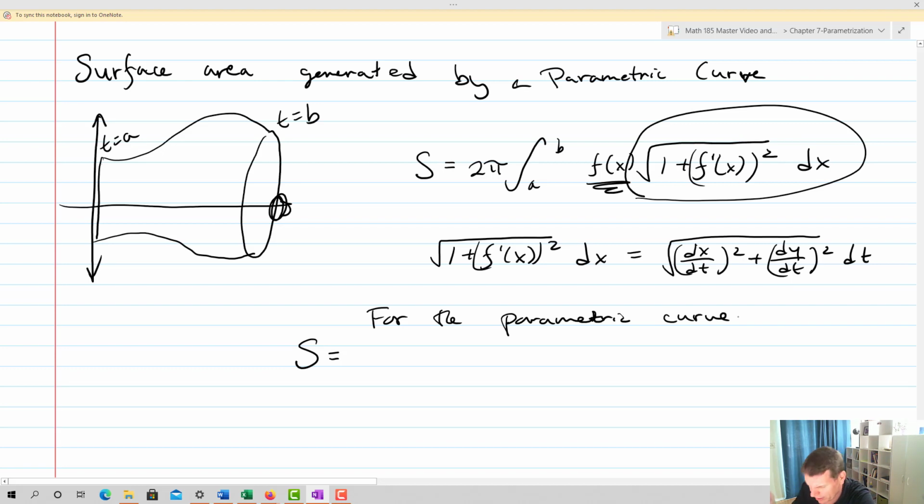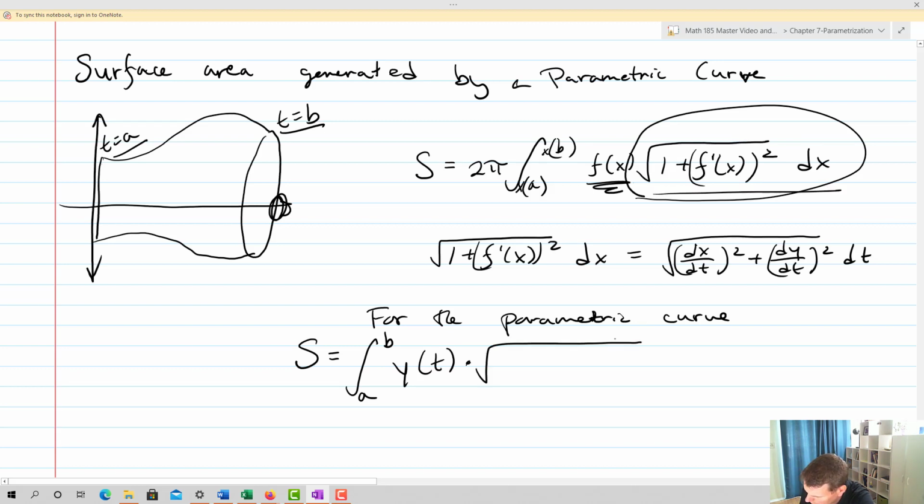We could get into a lot more explanation, but we don't really need to. The surface area is going to be from t equals a to t equals b, not this one here, which is kind of like x of a to x of b, really. So S equals the integral from a to b, and f of x is going to end up being y of t, times the square root of dx/dt squared plus dy/dt squared dt.